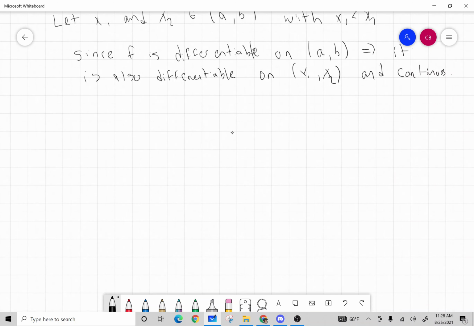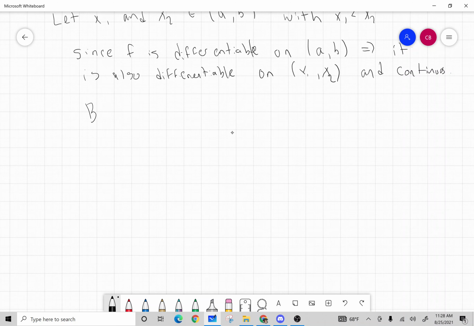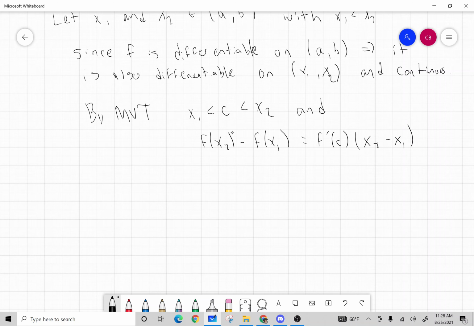So using the mean value theorem, we have x1 is less than c is less than x2, and f of x2 minus f of x1 is equal to f prime of c times (x2 minus x1).